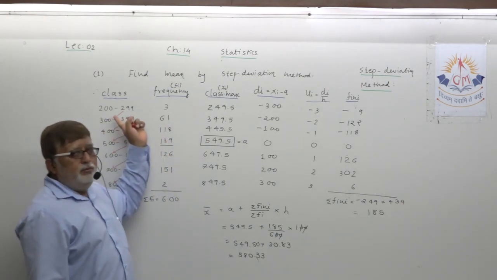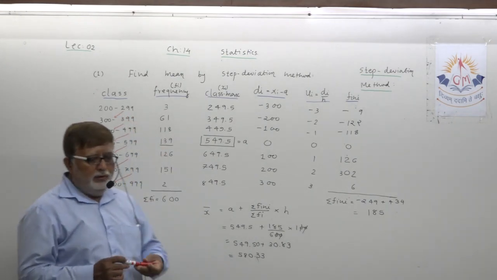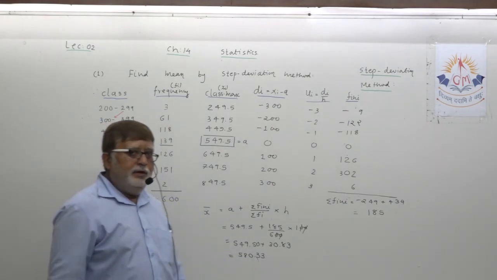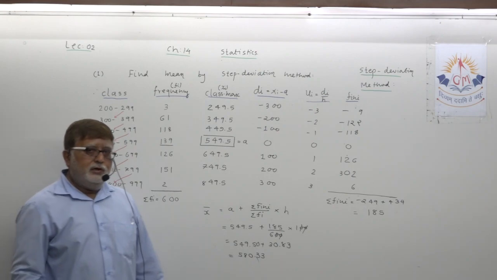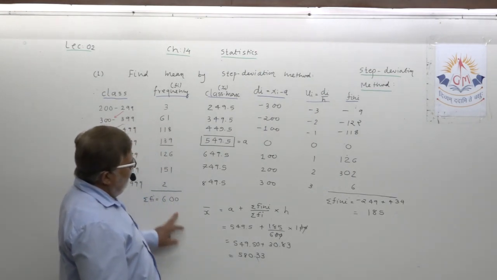Here, if you watch, 200 to 299, you will be tempted to take class length as 99, but you should not. You should take class length one more.